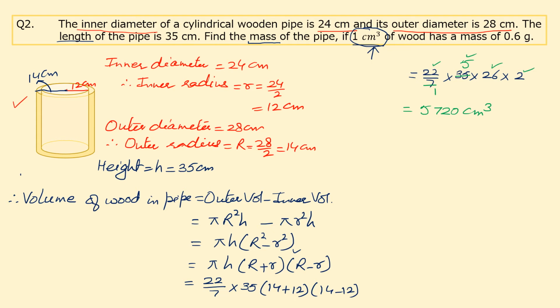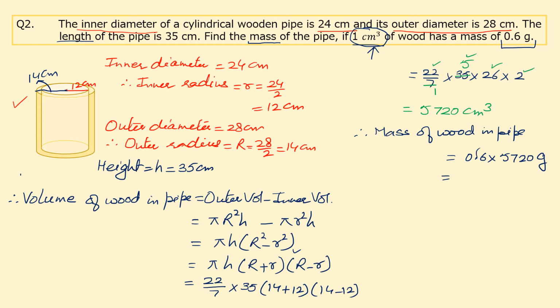We have to find out the mass. So therefore mass of wood in pipe. 1 centimeter cube has a mass of 0.6 grams, so for 5720 how will we find it? 0.6 into 5720 grams, right?